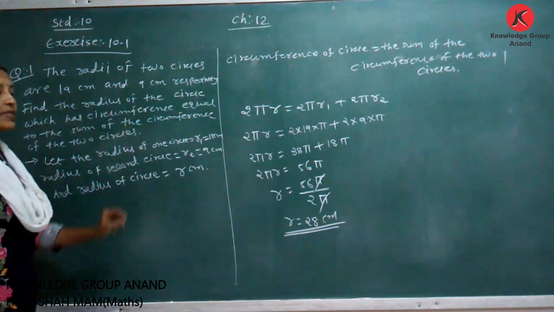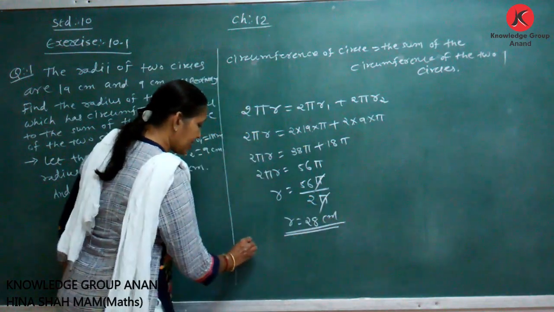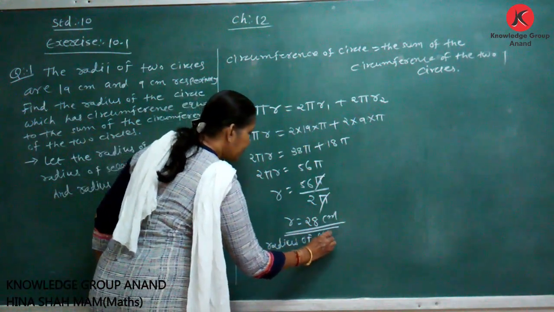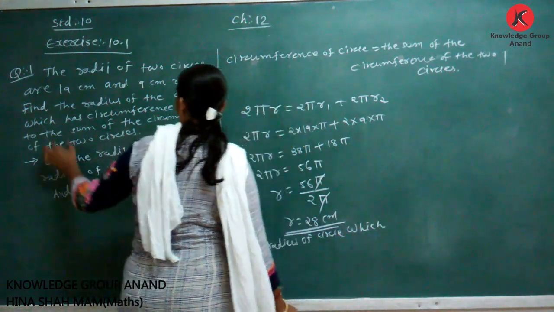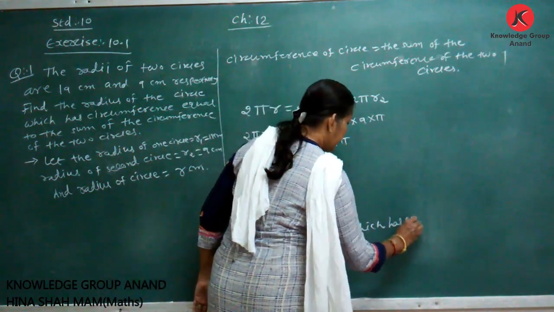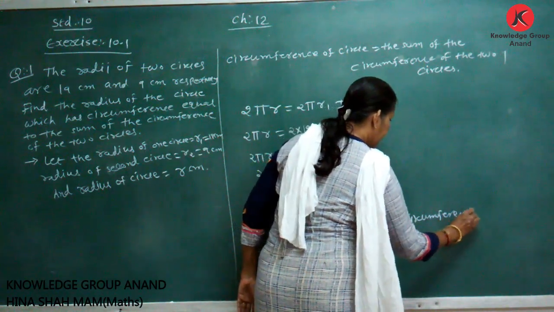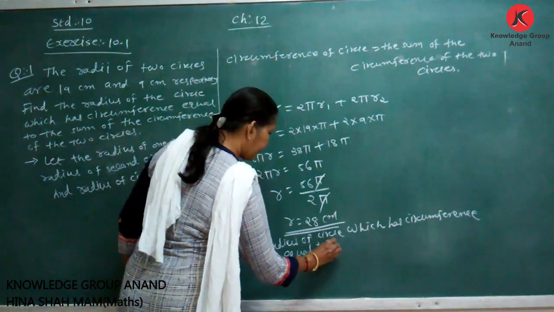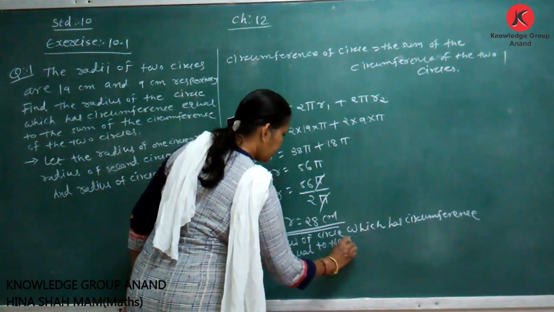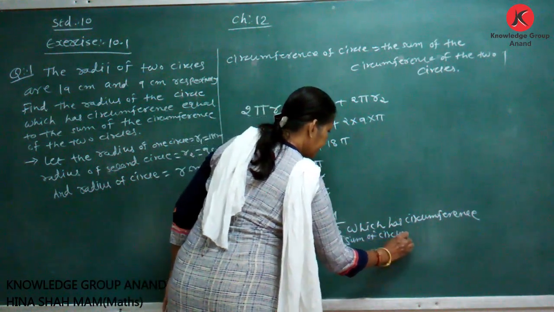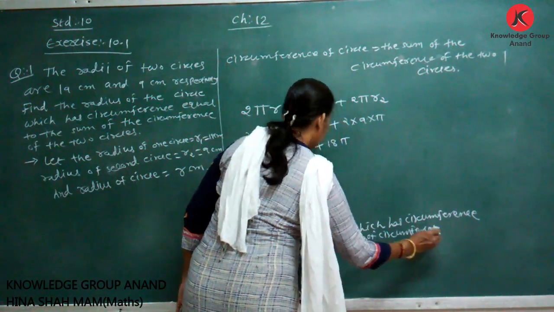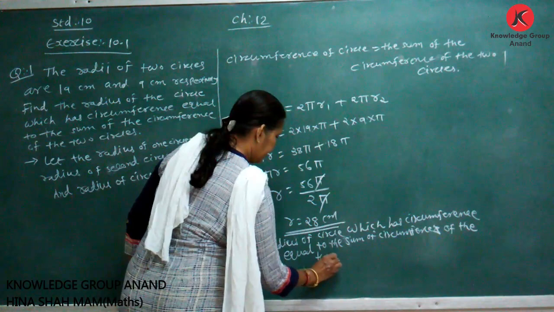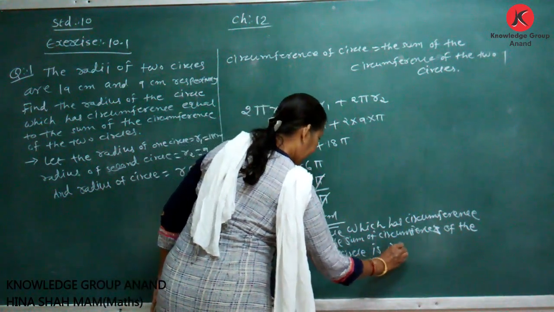Now write the last statement. The radius of the circle which has circumference equal to the sum of the circumferences of the two circles is 28 centimeter.